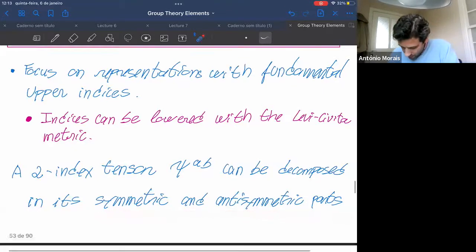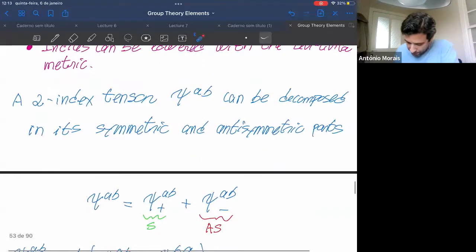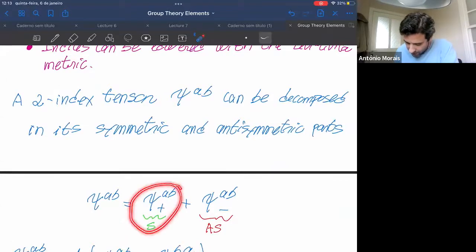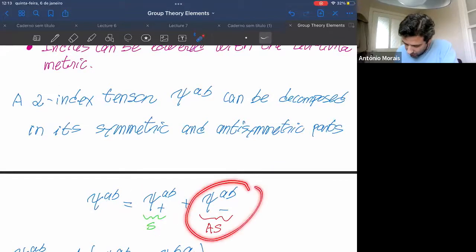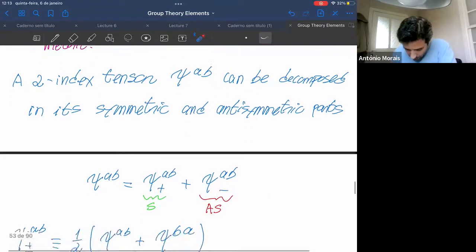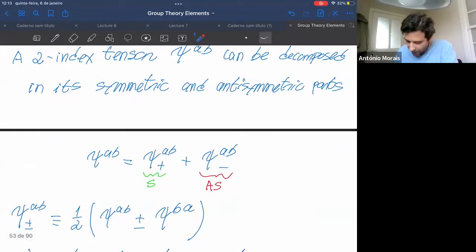You write psi AB as a symmetric part, where plus stands for symmetric and minus for antisymmetric, each defined with a combinatorial factor, in this case 1/2. The symmetric part is psi AB plus psi BA, and the antisymmetric part is psi AB minus psi BA. This is how to define the symmetric and antisymmetric representations of this tensor.